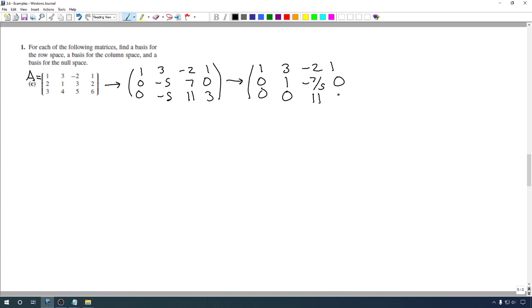Sorry, not 11. I need to look at the right spot in my notes. Obviously it was 11 to begin with, but the 11 becomes a 4, and because there's a 0 here, that doesn't change that 3 from being a 3.